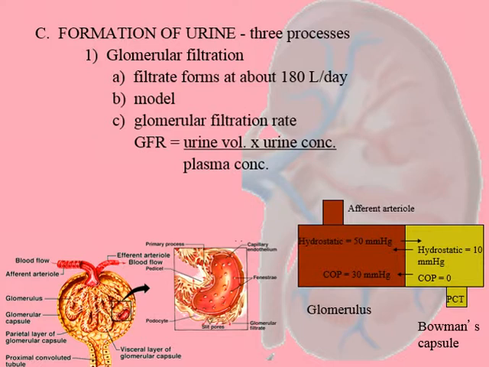So when people have kidney problems, one of the things that will be tested oftentimes is the glomerular filtration rate. To do that, they need to be able to track the movement of something, right? They want to see how something is moving from the blood into the urine. And it turns out that a common substance that can be used is something called inulin.